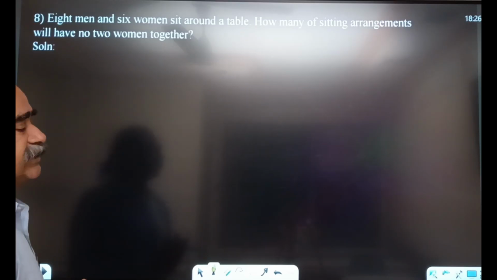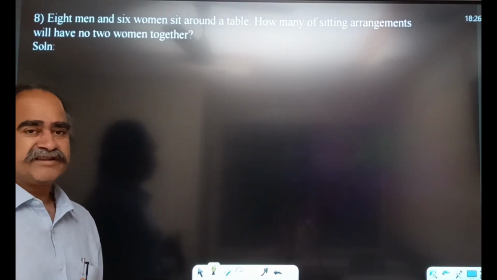Eight men and 6 women sit around a table. How many sitting arrangements will have no two women together? So the restriction is on women.